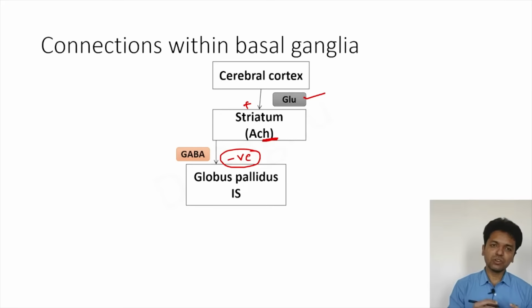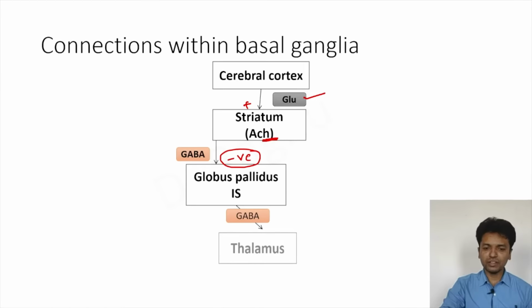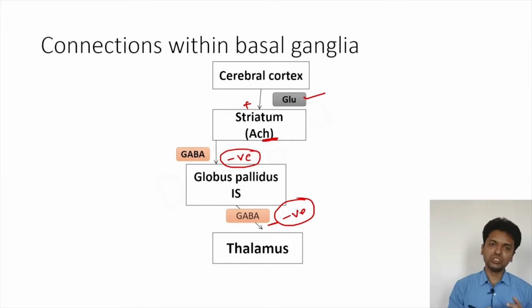Now from the globus pallidus internal segment, the fibers are going to the thalamus. Again, these fibers are inhibitory. The output from the basal ganglia is emerging out of this globus pallidus internal. This is the last part, and the output is going to the thalamus.